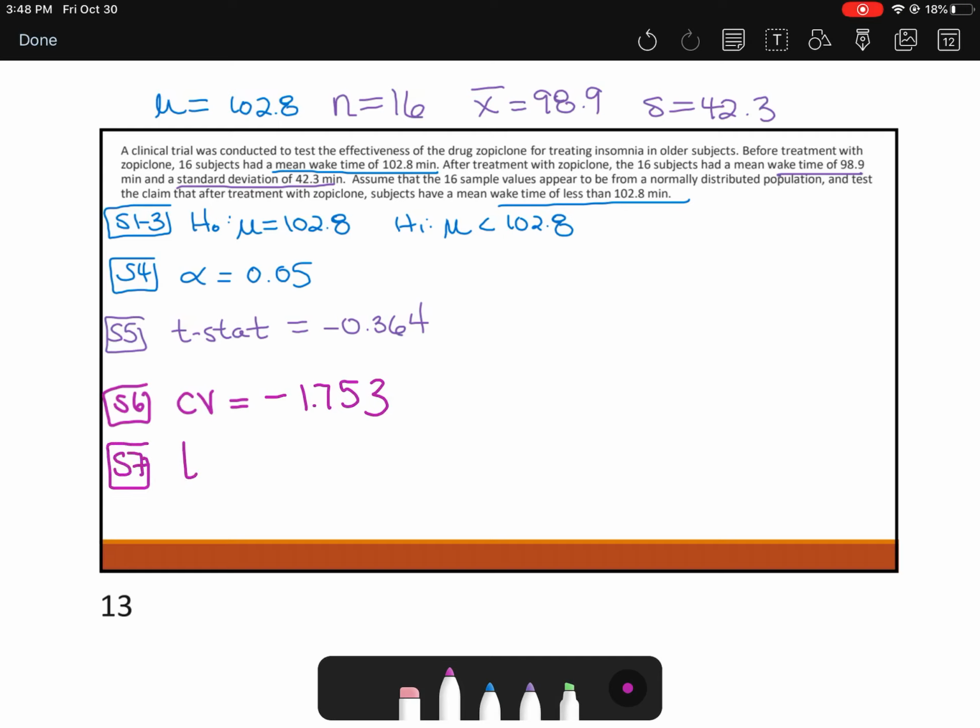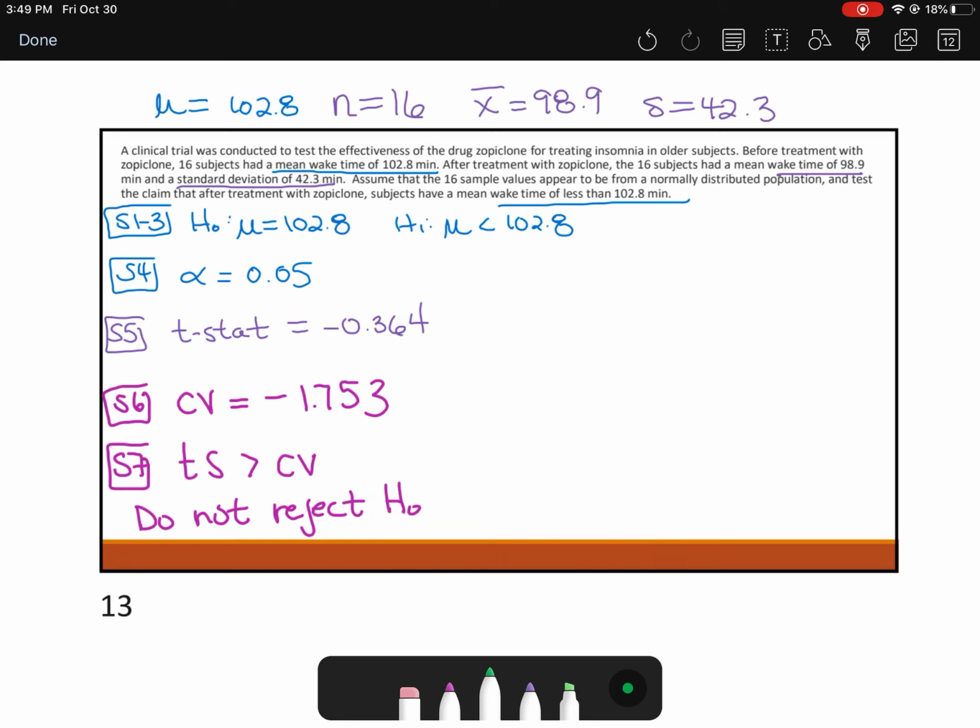Okay. And then step 7, I want to compare my t-statistic with my critical value. Looking here, that is bigger than my critical value. So that's telling me to not reject my null hypothesis. Okay, so we did that.